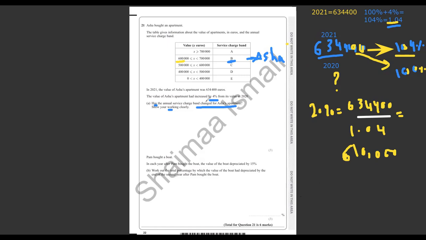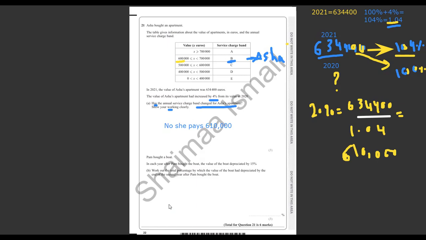Has the annual service banding changed? No, it is the same, so we write no. She pays 610,000, which is in the category between 600,000 and 700,000.